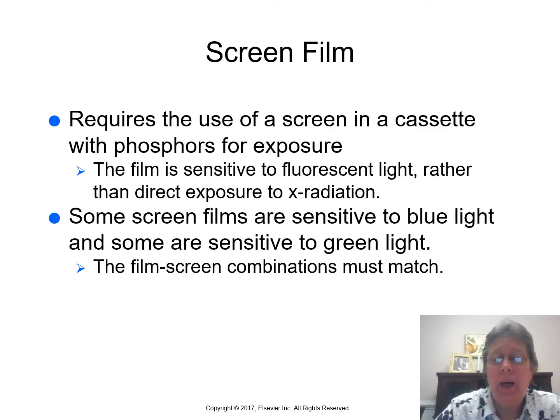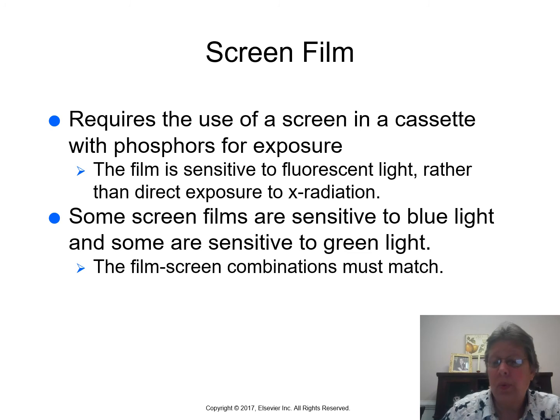Let's talk about how we get an image on our screen film. Screen film requires the use of a screen inside of a cassette with phosphors for exposure. The film is sensitive to the fluorescent light rather than the direct exposure to the x-rays.